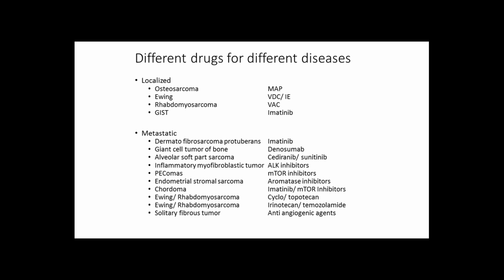Gastrointestinal stromal tumour was a notable example, with the introduction of an oral drug, a tyrosine kinase inhibitor called imatinib, that targeted KIT and PDGFR-alpha.